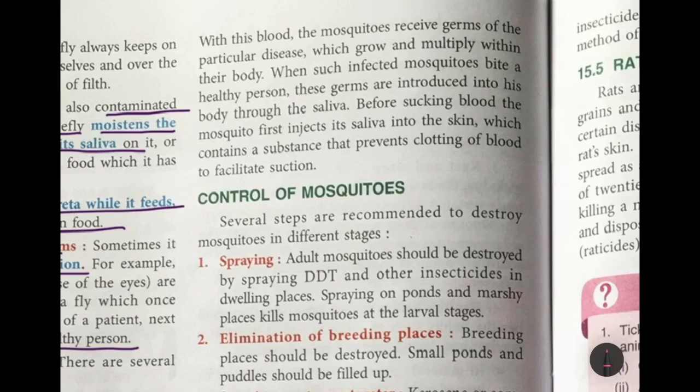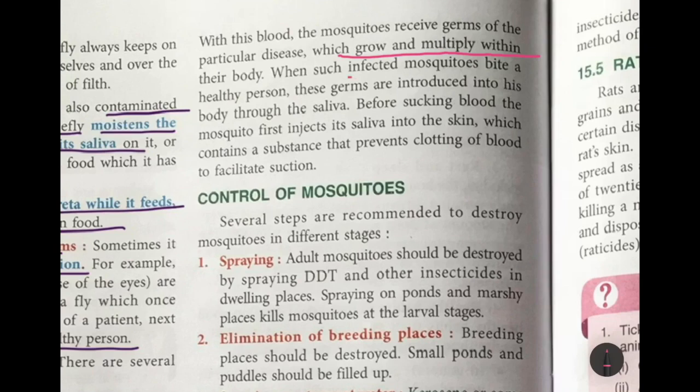They go into the body of the mosquito, and grow and multiply inside it. Now the mosquito has become infected, it has lots and lots of germs of the disease.